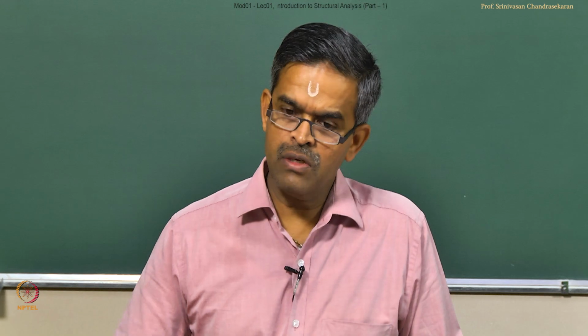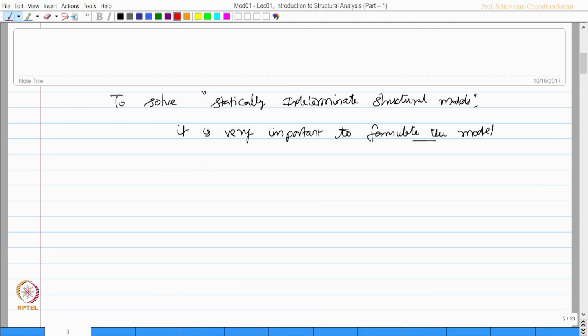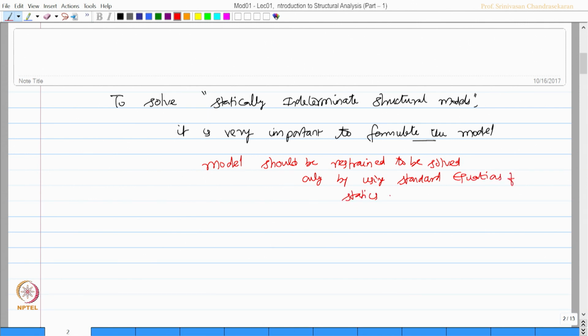So, it is very important to formulate the model, and the model should be restrained to be solved only by using the standard equations of statics alone. That should be important.